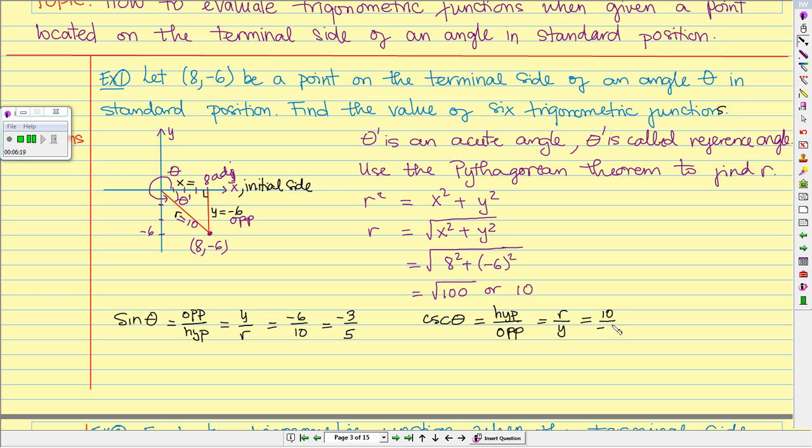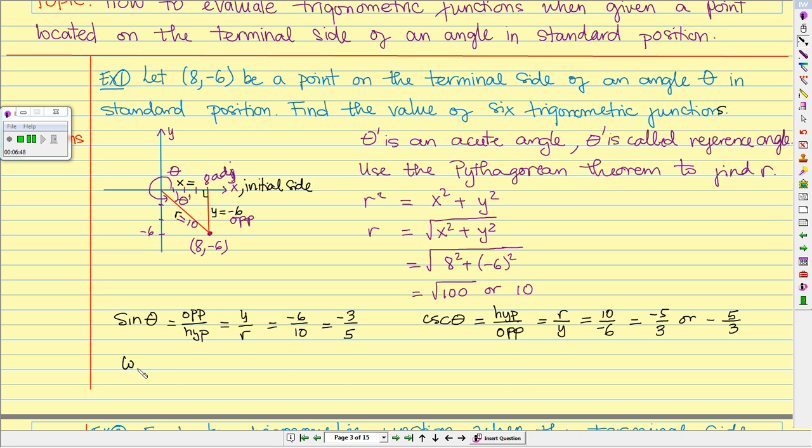Substitute, so that will give me 10 over negative 6, and reduce the fraction to be negative 5 over 3. You are welcome to put the negative sign in either the numerator or the denominator, but you do not put both. We only have one. Or you can just put it in the middle of your fraction like this.